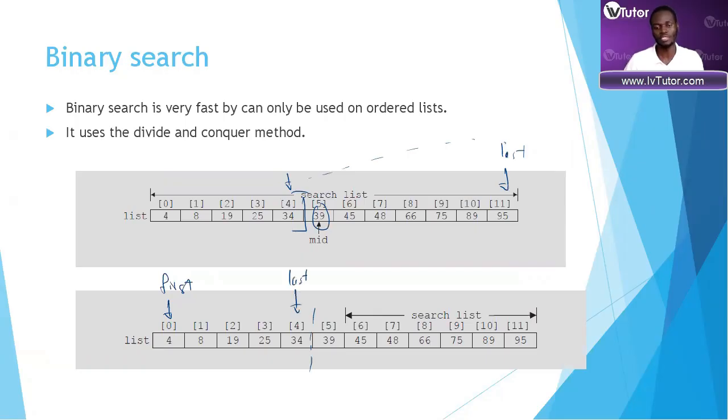So in other words, you are saying that if your search item is less than mid, your last index becomes your mid index minus 1. And if the item you're looking for is greater than the mid item, then your first index becomes mid plus 1, because you want to move first to here, if that is the case.